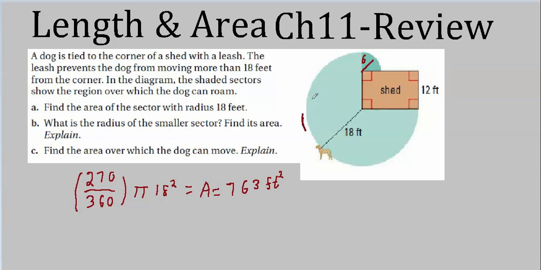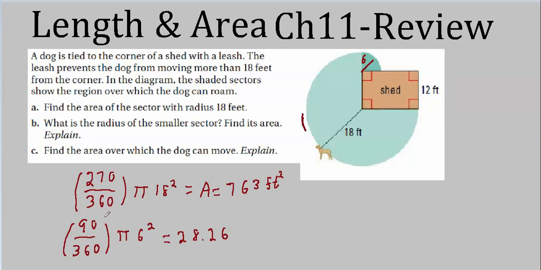So, if Foghorn and Leghorn are doing this, how much room does the dog have to move around in this small sector? Well, again, it's kind of obvious that this is just a straight line from here, right? That this is perpendicular, so this whole thing is just 90 degrees with a 6-foot radius. So what we have to write is 90 over 360.